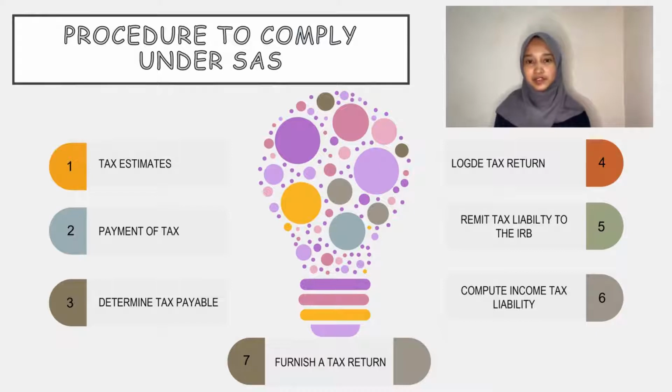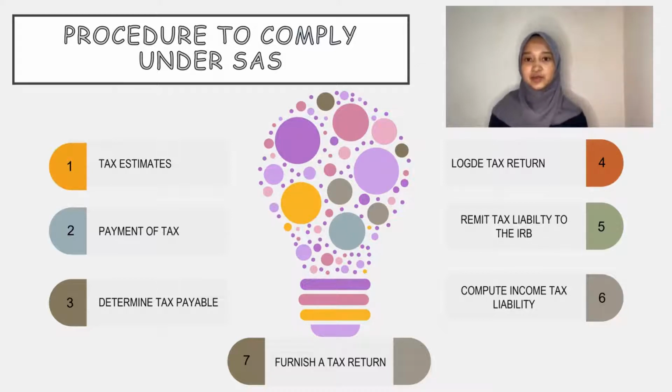Okay, now we proceed to the next question, which is what is the procedure to comply for a company under SAS? The first one is estimation of tax payable. According to Section 107 subsection 3 of the Income Tax Act 1967, the company is required to furnish the estimate of income tax payable in Form CP204, 30 days before the beginning of the basis period.